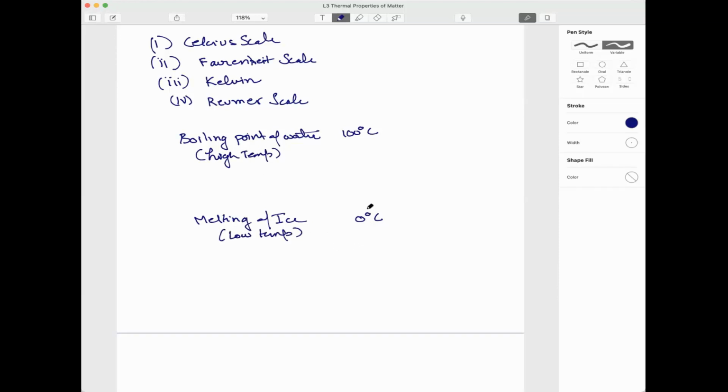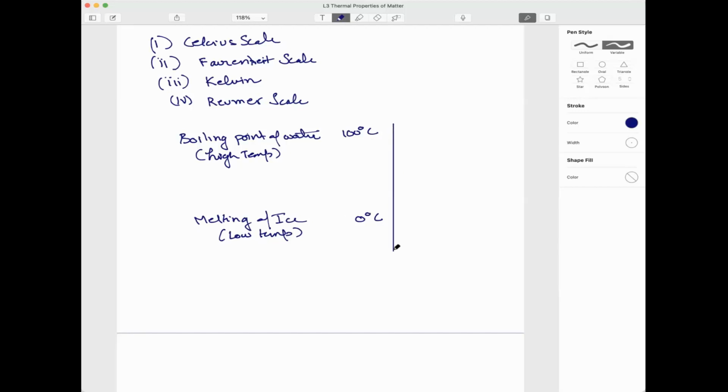Melting of ice means that as you go just above 0 degrees centigrade, the ice will melt. At 0 degrees centigrade also, the ice will melt with the help of the latent heat of melting. That is the phase change. I will discuss all those concepts in the later half of the class.